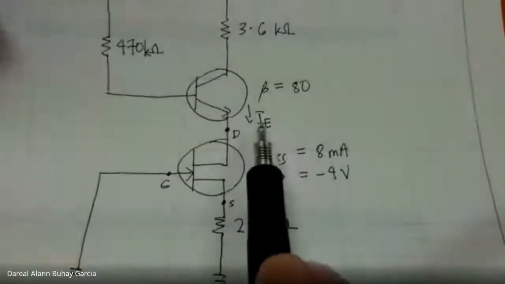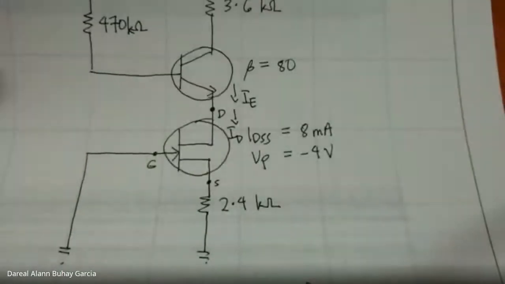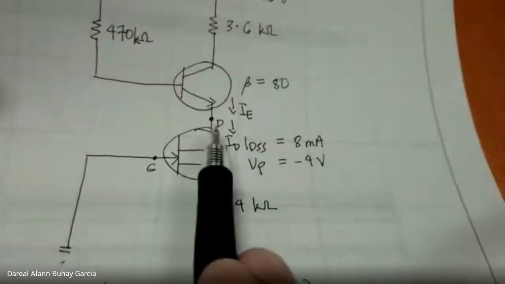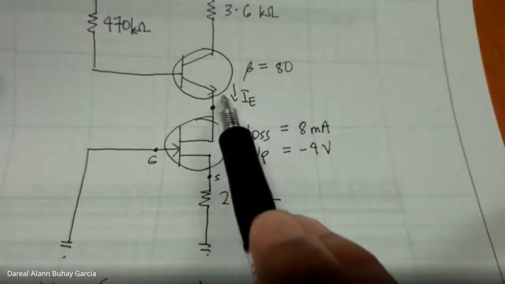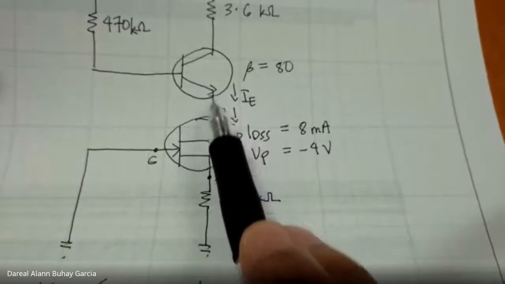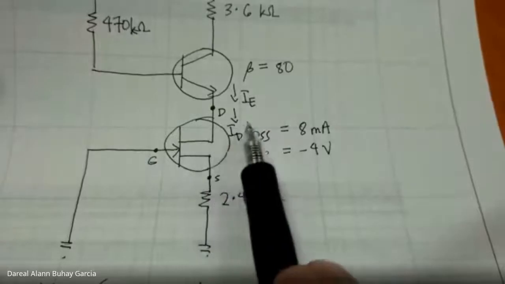IE, the current leaving our BJT, is equivalent to current ID, the current entering our drain. Correct? Do you see it? It's hard to notice. But the current leaving our BJT, IE, is the same current entering our FET, ID.